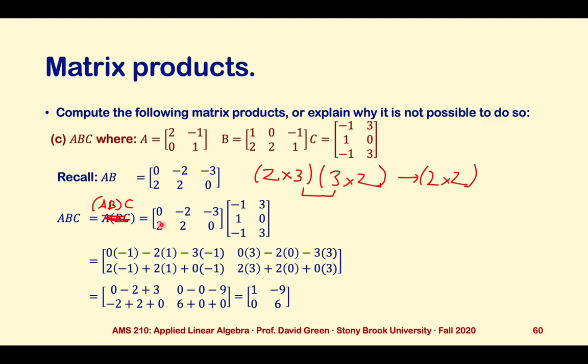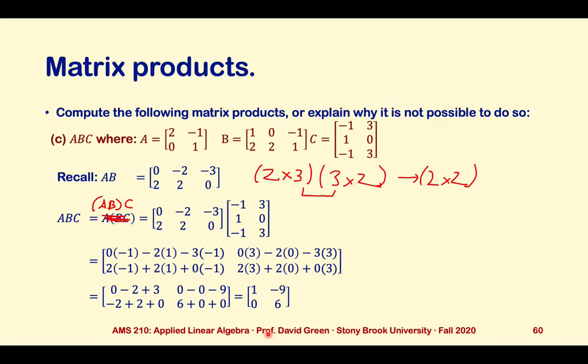Moving on to the second row, 2 times -1 plus 2 times 1 plus 2 times 0, -2 plus 2 plus 0 is of course 0. And the second entry on the second row, 2 times 3 plus 2 times 0 plus 0 times 3, 6 plus 0 plus 0 is 6. Our product ABC.